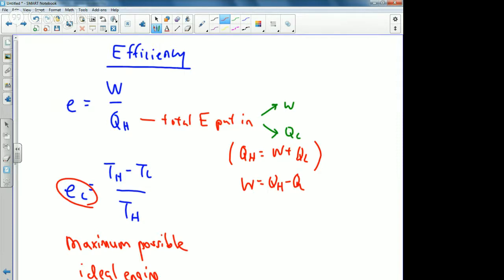It's the total energy put into the system. Some of it gets used for work, the rest is wasted. A lot of times, this formula can get changed to work over time over QH over time: the rate at which work is being done, the rate at which energy is being added into the system. So this is in terms of power and watts instead of joules.